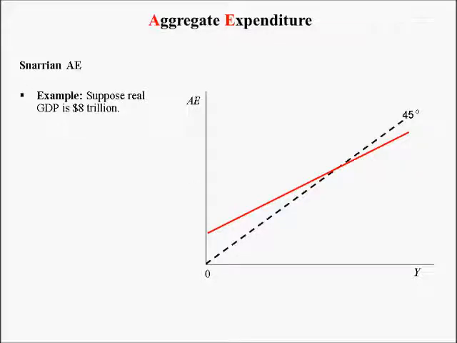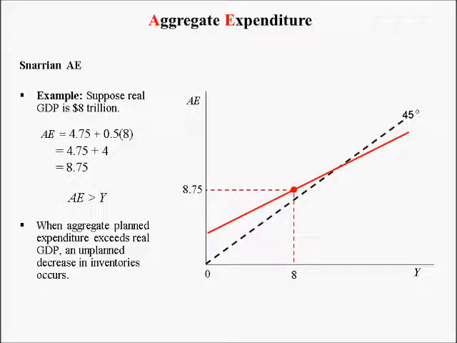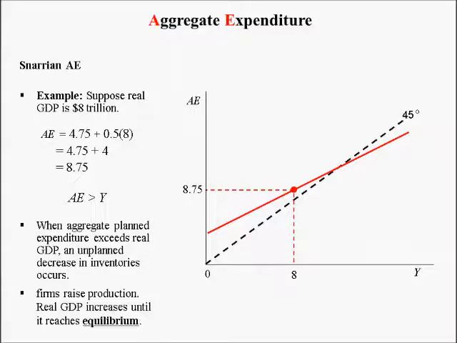Now suppose real GDP is 8 trillion instead. So aggregate planned expenditure is 8.75 trillion, which is greater than real GDP. What's going on here? When aggregate planned expenditure exceeds real GDP, an unplanned decrease in inventories occurs. So firms raise production, and real GDP increases until it reaches equilibrium.